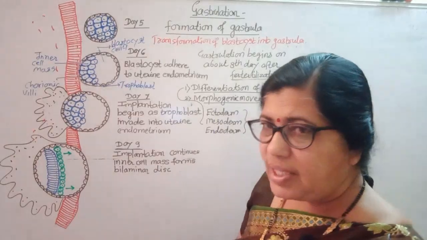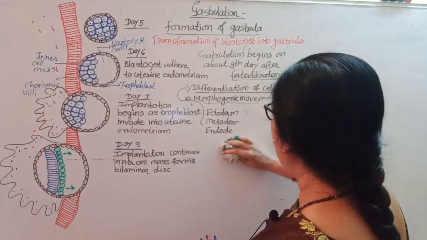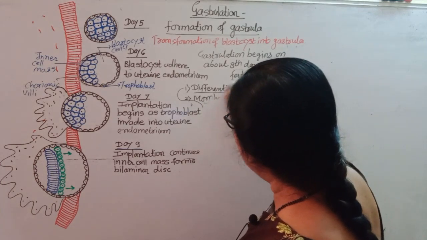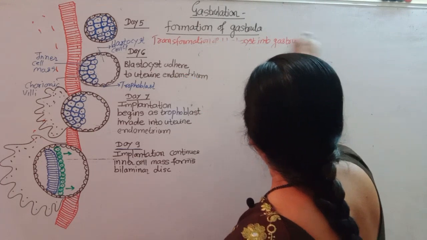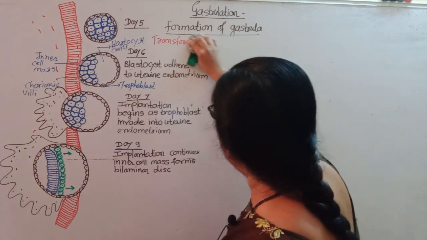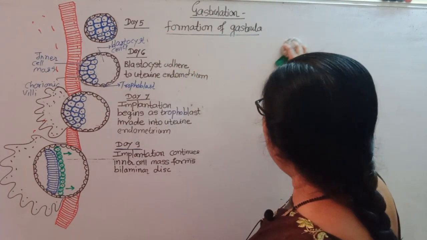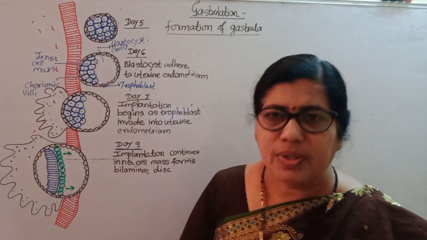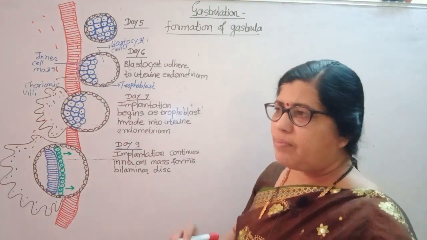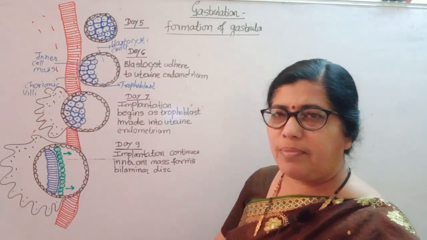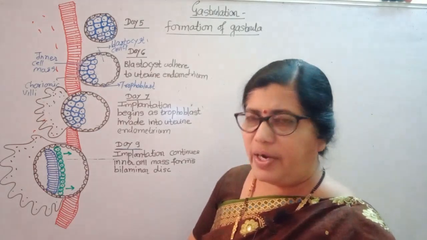So we will discuss gastrulation with the help of some diagrams. Gastrulation is formation of gastrula or transformation of blastocyst into gastrula. Gastrulation is actually the formation of 3 primary germ layers, that is ectoderm, mesoderm, and endoderm.